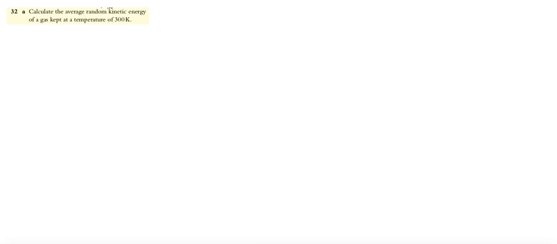Okay, so average random kinetic energy on one side is given by half of mv squared, on the other side it is 3/2 Boltzmann constant times temperature.